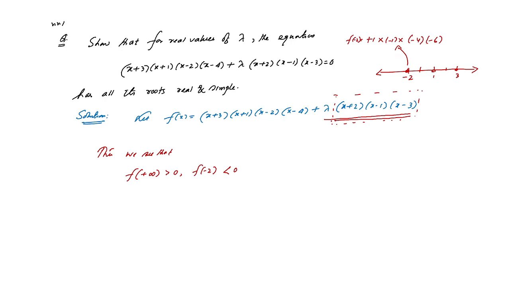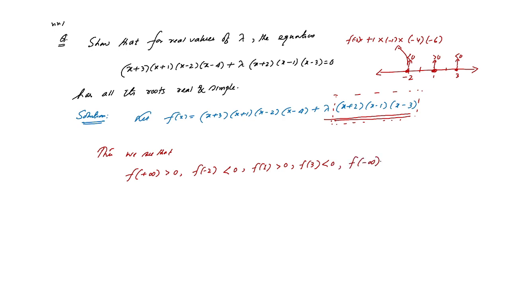Next you will think about f of 1. You will see this is positive. Just put the value x equals 1 in f of x. And again you will check f of 3 at that point. So here positive, negative, here positive, f of 3 again negative, you will check it.